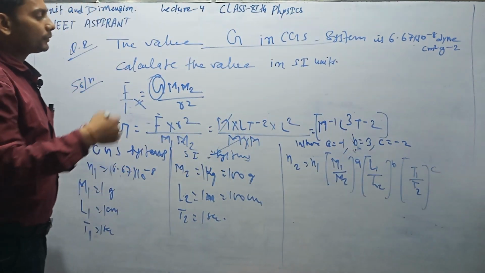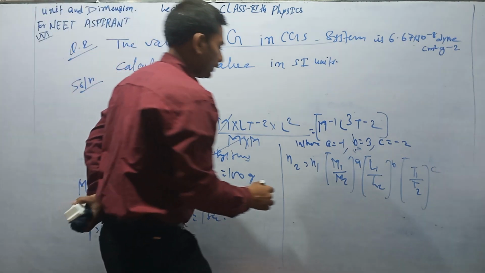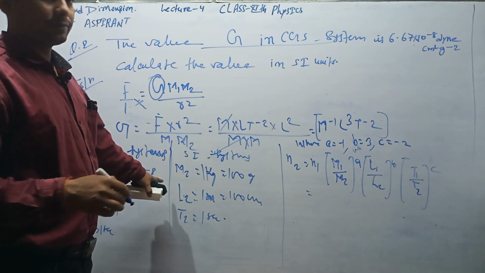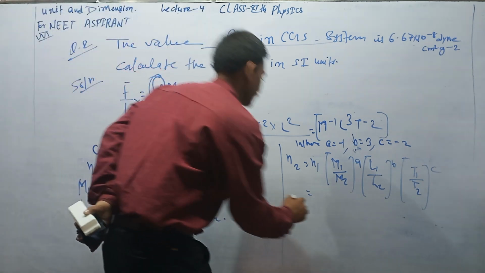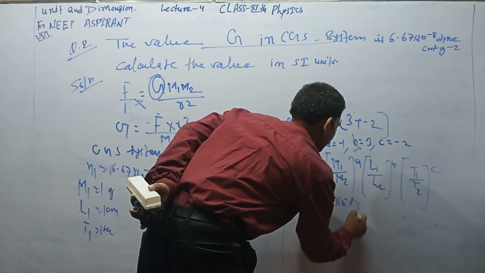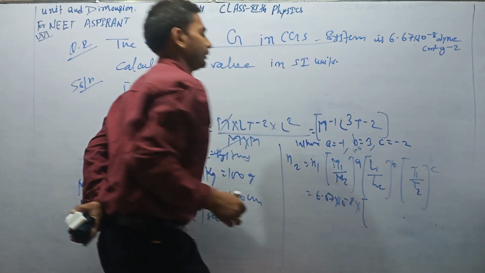Okay, so N1, the value of N1 is 6.67 into 10 to the power minus 8, into M1.